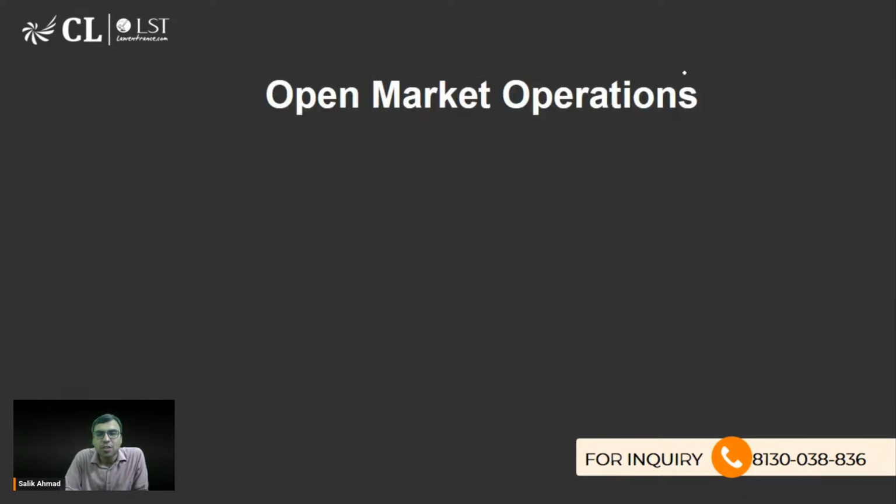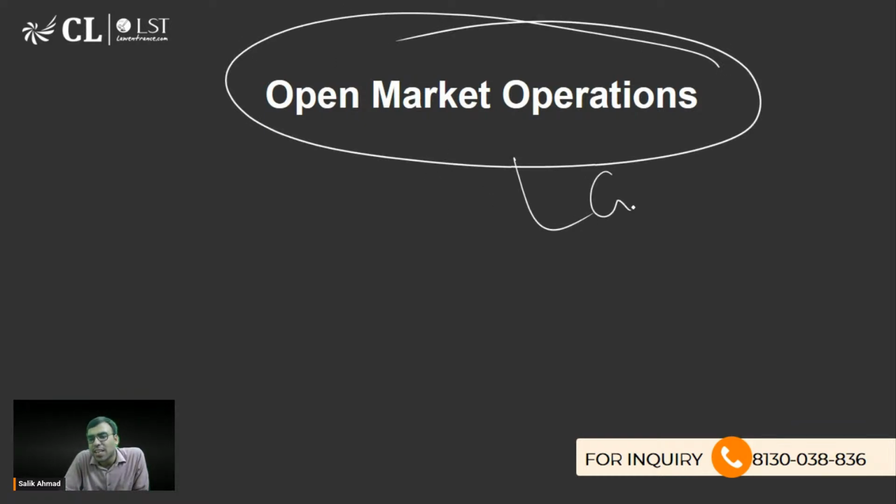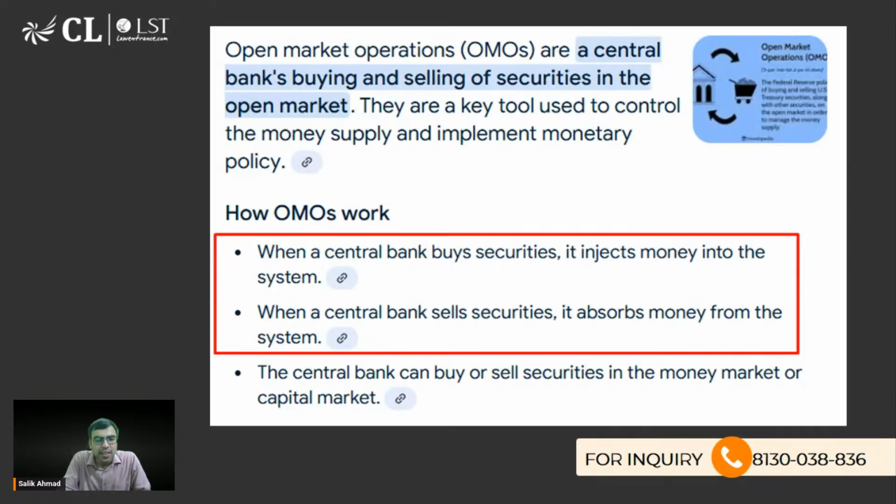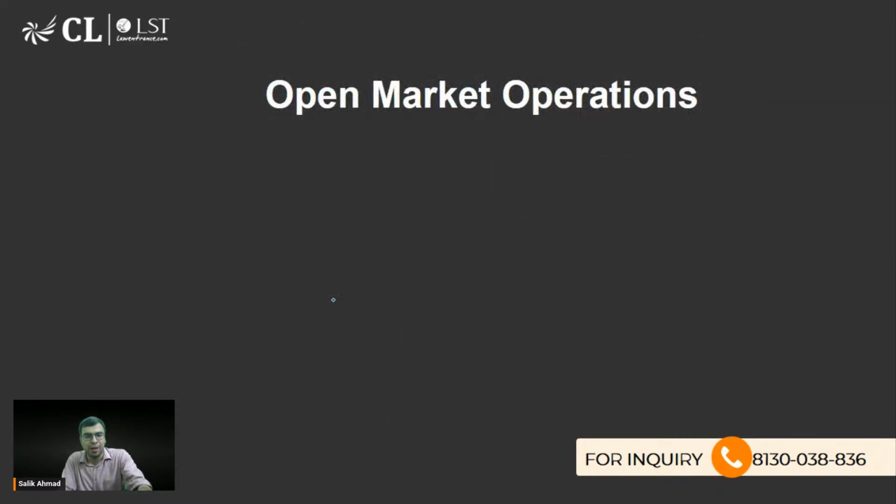Now why I'm saying it, because open market operation में गवर्नमेंट सिक्योरिटीज का ट्रांजैक्शंस होता है between, so basically है ना, central bank buying and selling of securities in open market. For example, this is RBI.